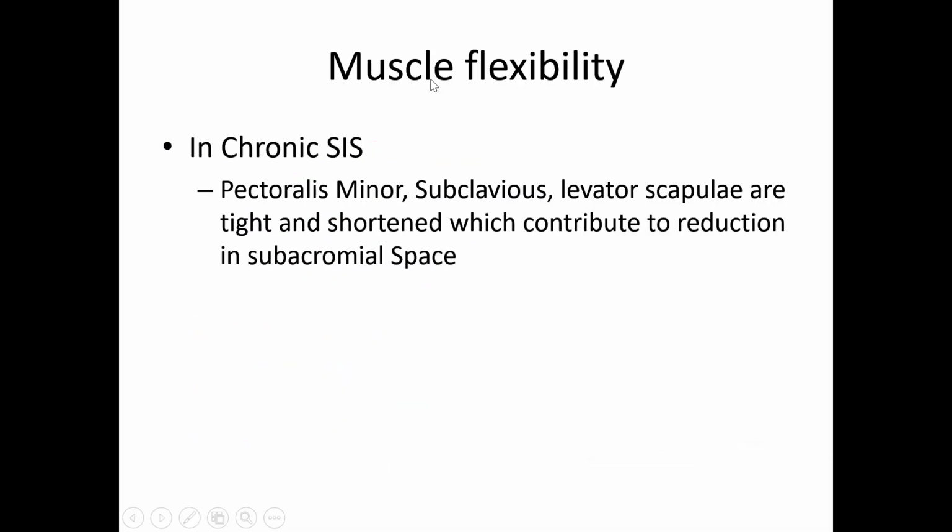Now, muscle flexibility: in chronic cases of subacromial impingement syndrome, muscles like the pectoralis minor, subclavius, and levator scapulae are tight and shortened, which contributes to the reduction of the subacromial space.